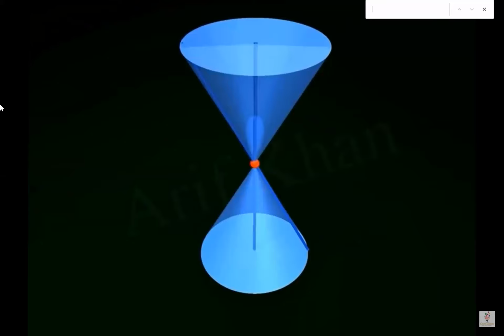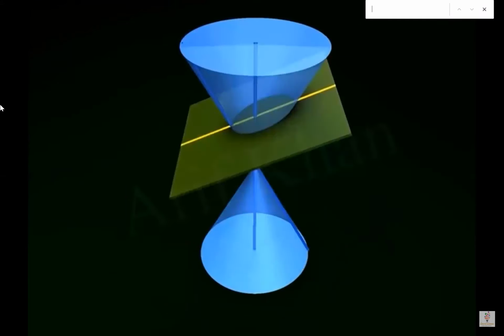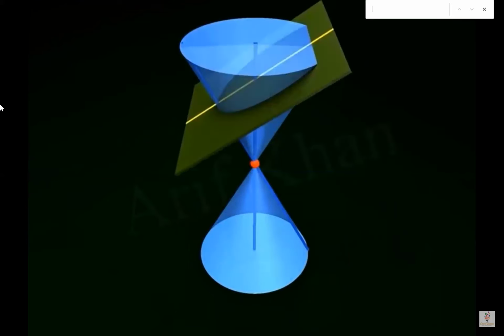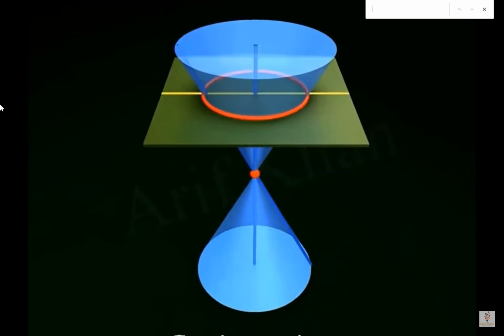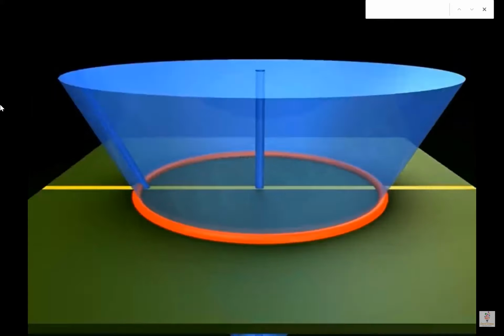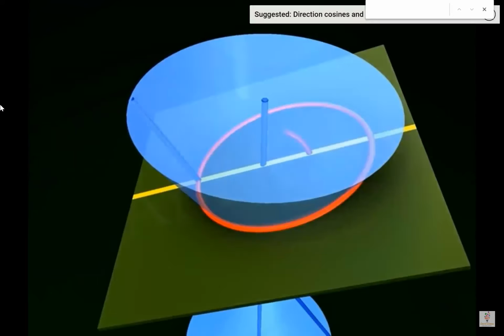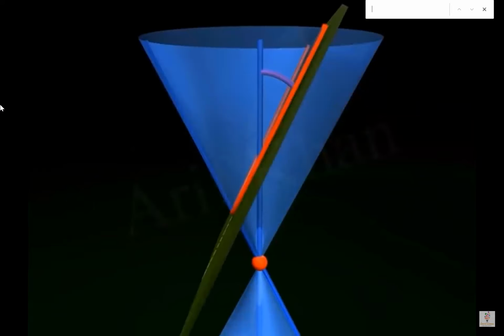Conic sections. If a plane intersects a double right circular cone, we get 2-dimensional curves of different types. These curves are called conic sections. Depending on the angle made by the plane with the vertical axis of the cone, the plane can cut the cone in 3 different ways.